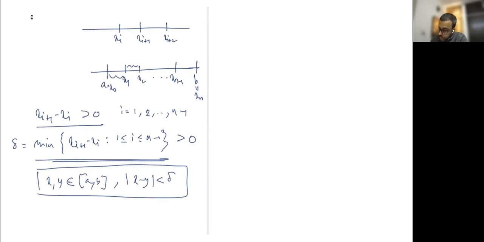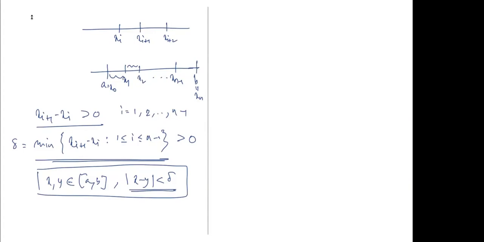What can you say from this? If we know that they are within delta of each other, then the distance between them is less than the sum of two partitions. So they are not more than two partitions away from each other. Two subdivisions.